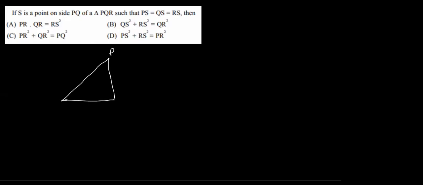This one is P, this one is Q, and this one is R. S is a point on this side. Let's draw RS, and it is given that PS equals QS equals RS.